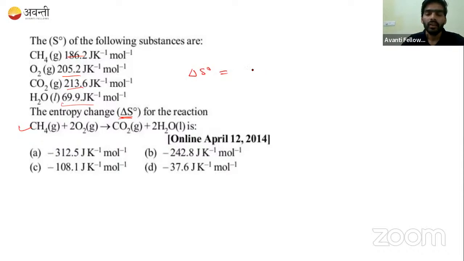Entropy of product minus entropy of reactant. So here what is your product?